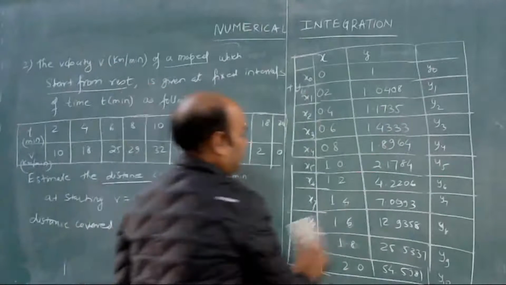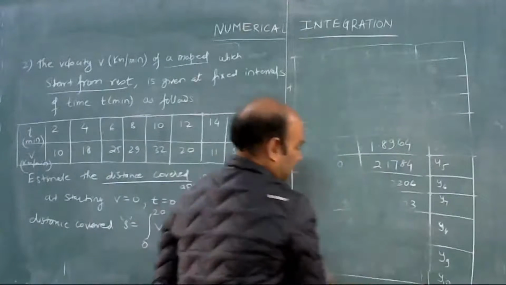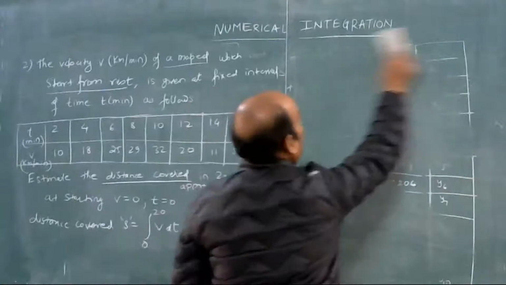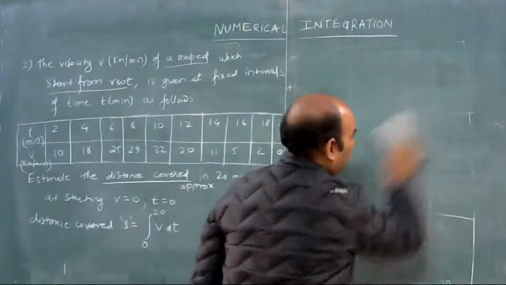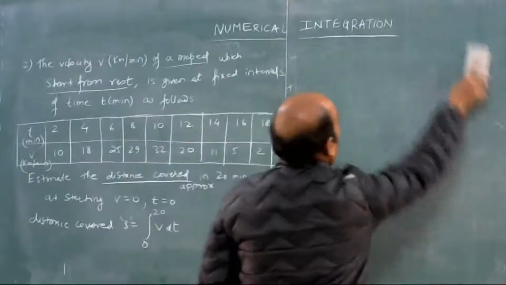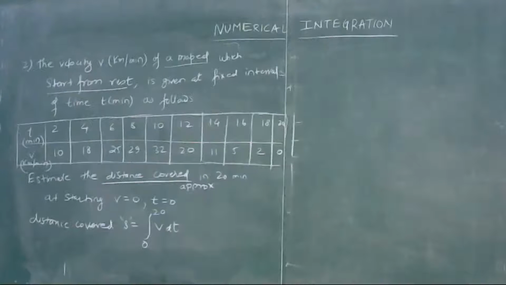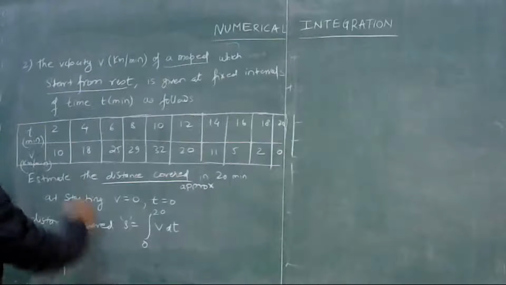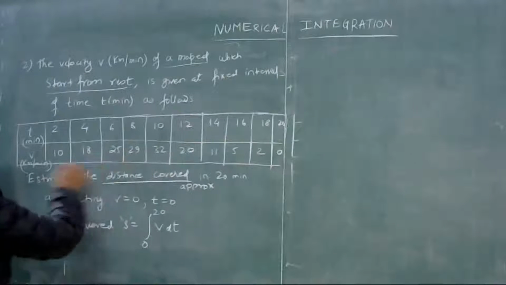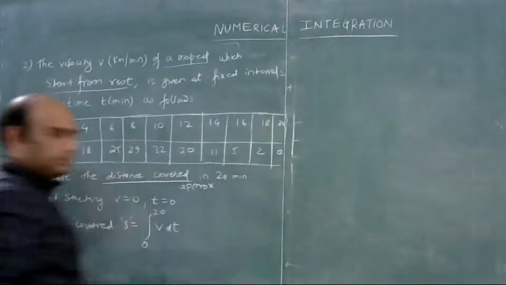So no need to prepare this table. It is already given in this problem. So which rule should we apply here? Anyone? The number of intervals is even, it is up to 20.